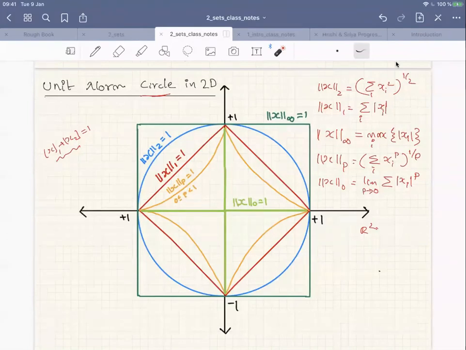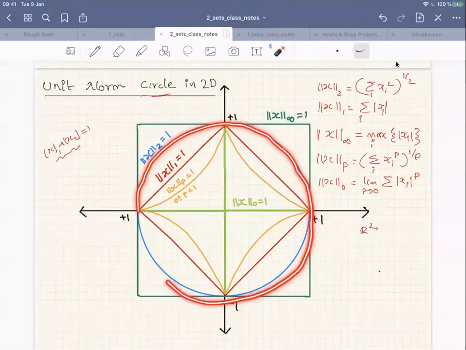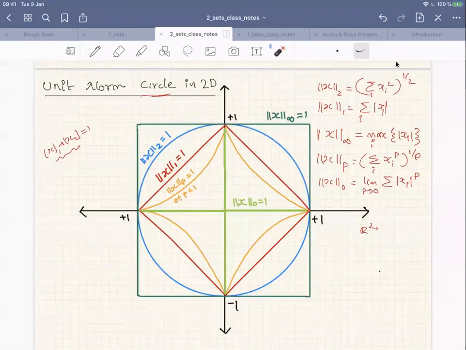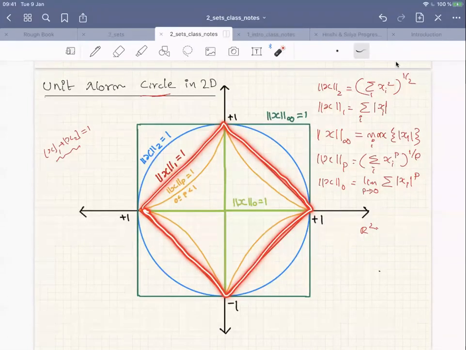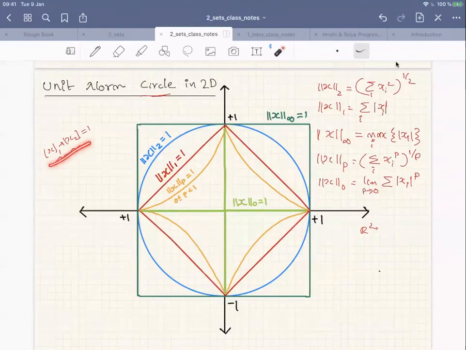For example, if you consider the 2 norm, ||x||2 equal to 1, you already know that it is a circle with the center 0, right? And if you take the 1 norm, you will get something like this. So basically in R2, you are saying that the absolute value of x1 plus the absolute value of x2 equals 1.